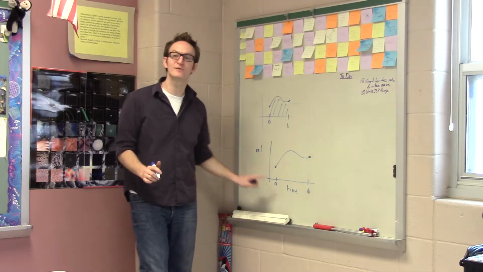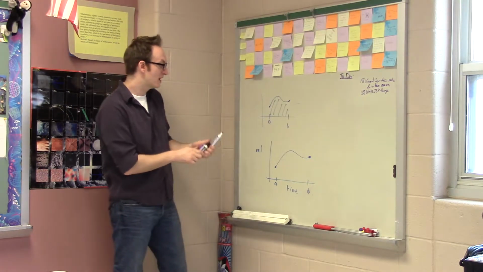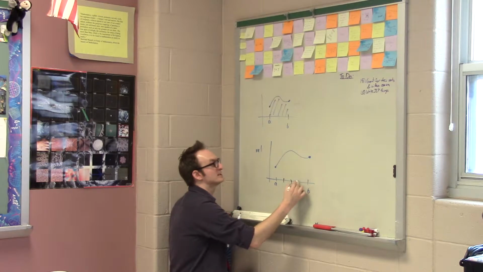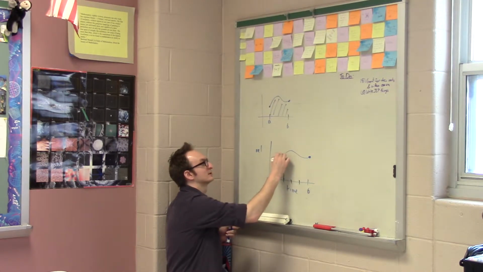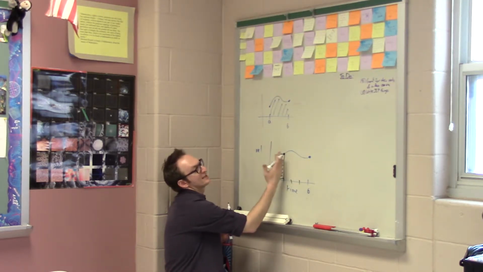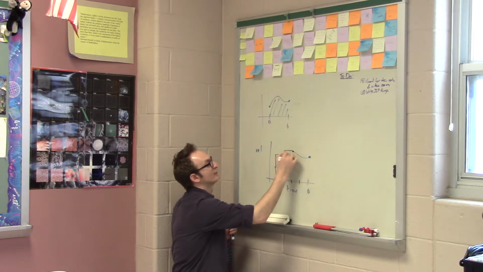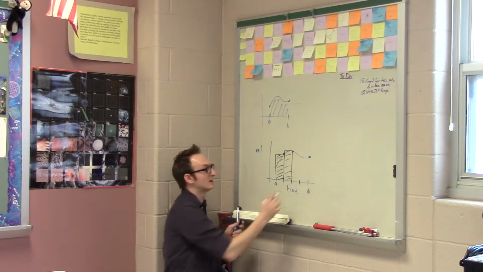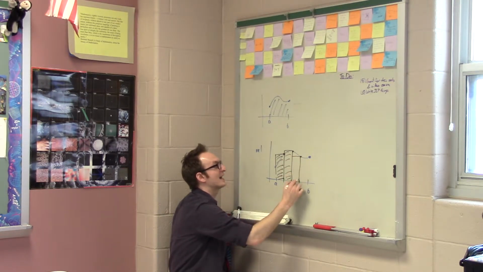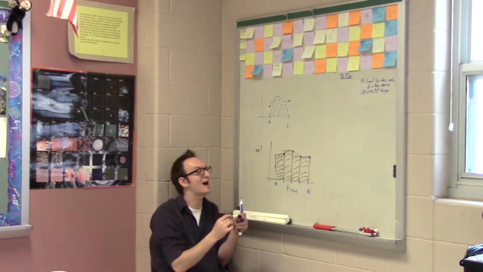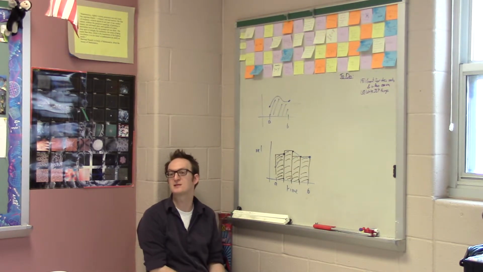Alright, if I have a velocity versus time curve, what Newton says is, and we did this on the first day of class, if I can split up this time interval into little time intervals, and I take the area of this rectangle, that represents how fast I would be going on this interval, approximately, assuming constant speed. And if I add up all these rectangles, what I get is an approximation of the total distance traveled.